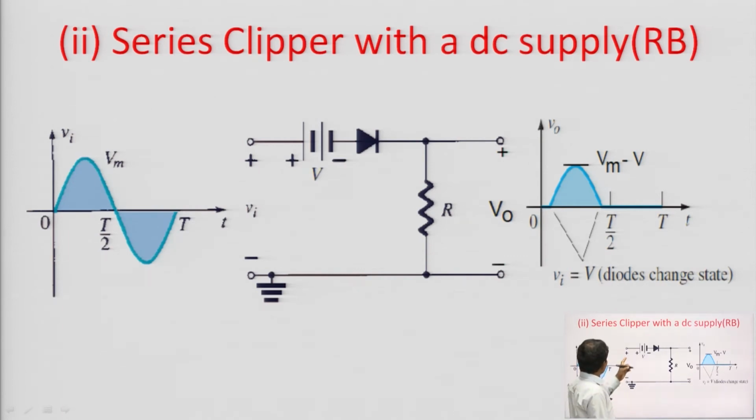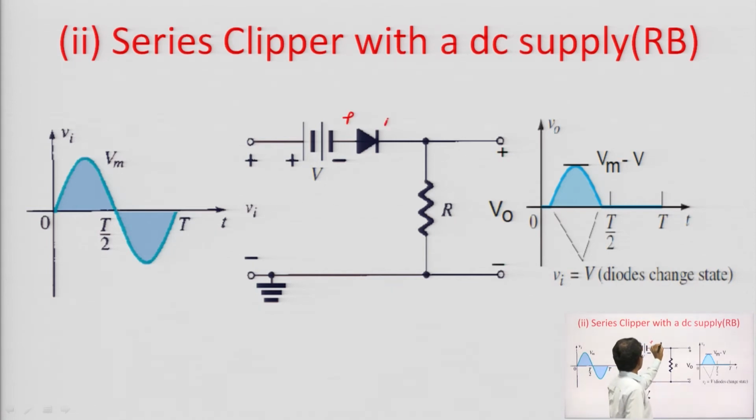Here we have connected a bias voltage V along with the diode. This circuit is also called a series clipper with a DC supply, or you can say biased negative clipper, series biased negative clipper. Here the diode is reverse biased with this bias battery V, which means the negative plate of the battery V is connected with the P type.